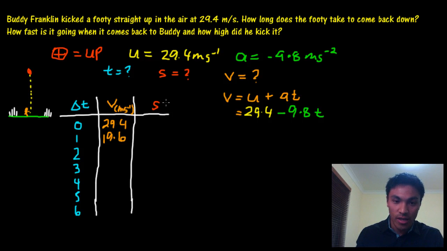And just for a little bit of clarity, let's put in the units: velocity in meters per second, our displacement is going to be in meters, and our time is in seconds. At time equals 2, it's going to be 19.6 take away an additional 9.8, because remember, for every second we take away 9.8 meters per second from the previous one.